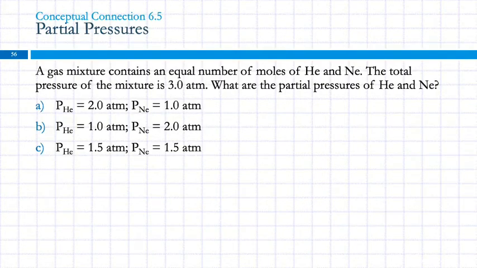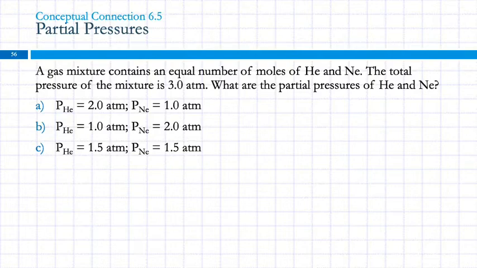A gas mixture contains an equal number of moles of helium and neon. The total pressure is 3 atmospheres. What are the partial pressures of helium and neon? The partial pressure is related to how many moles there are, right?